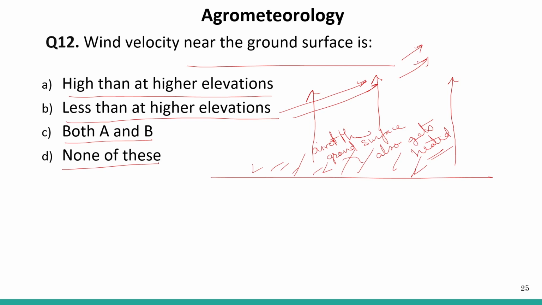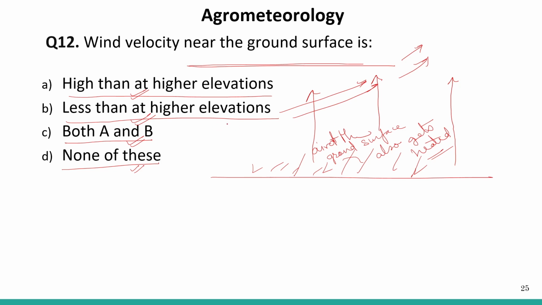Okay. So wind velocity near the ground surface is higher than at the higher elevation, less than at the higher elevation, both A and B, or none of these. So we find that at the ground surface, there is less air present when it gets heated, right? So what happened?